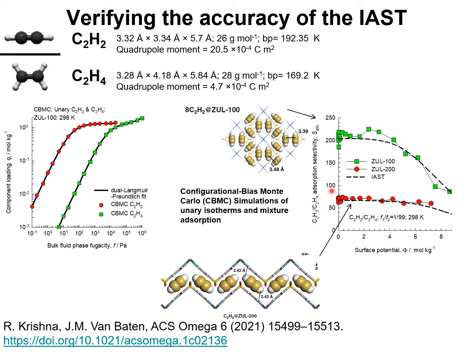ethine to ethene for ZUL-100, shown by the green squares, and ZUL-200, shown by the red circles.